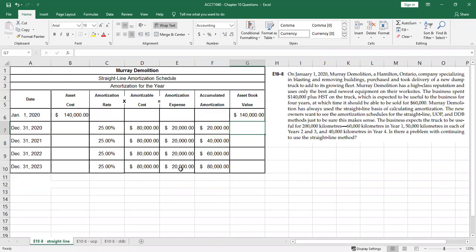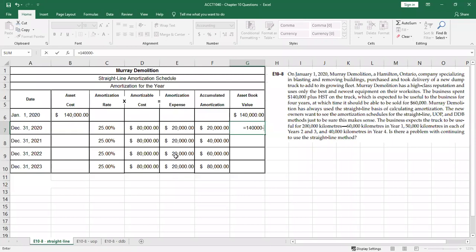And the asset book value is the last column. Now remember, the asset book value is simply the historical cost minus any accumulated amortization, any amortization that has accumulated over its life.